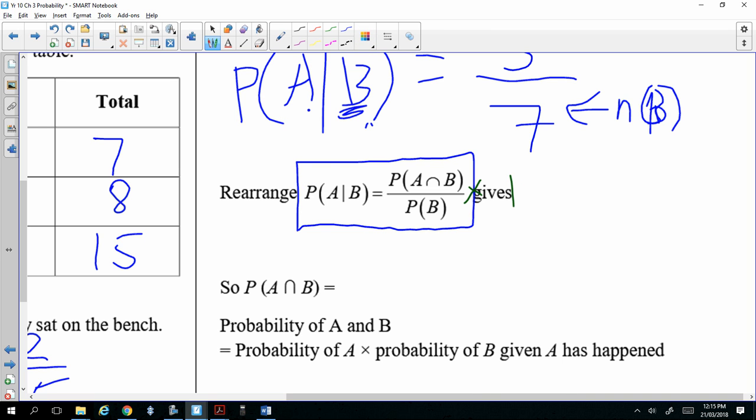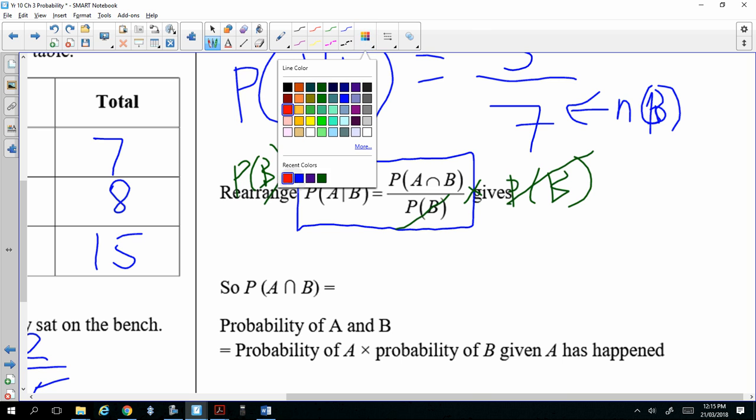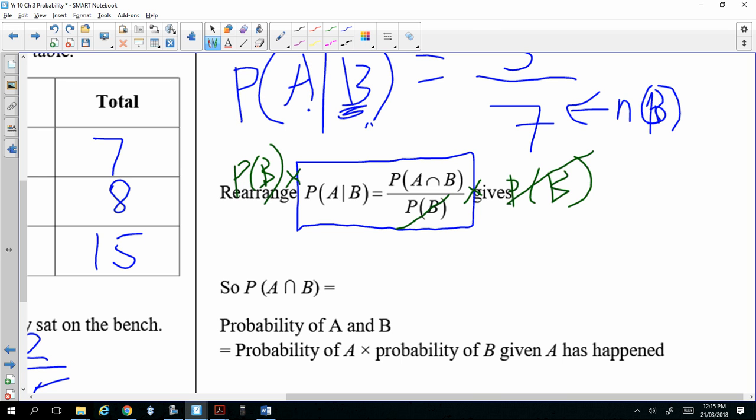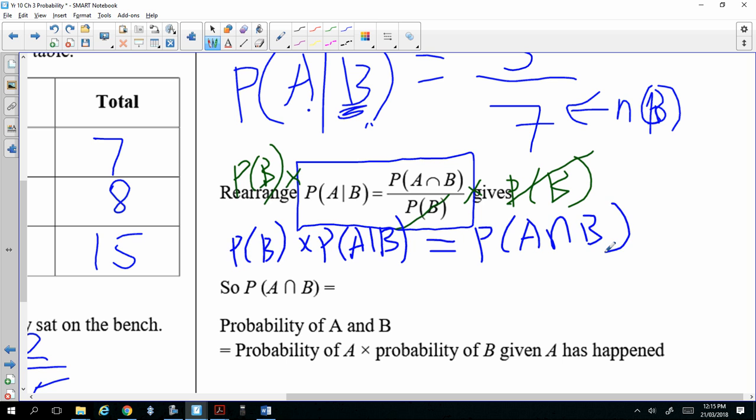So we can use algebra to get a new formula. We end up getting probability of B times probability of A given B equal to probability of A and B. So now we have a formula for two things happening. Probability of A and B is probability of B multiplied by probability of A given B has happened.